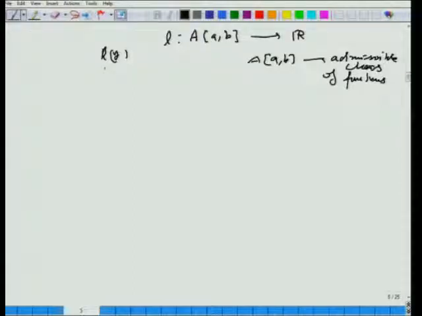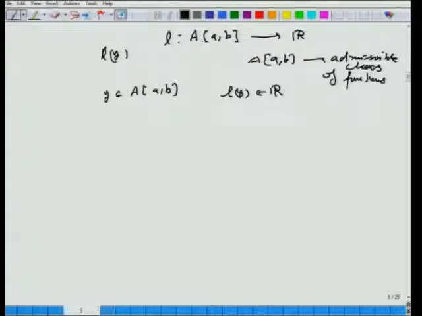L(y) is actually called a functional. For each y in A, we have an associated L(y), which is a number in R.